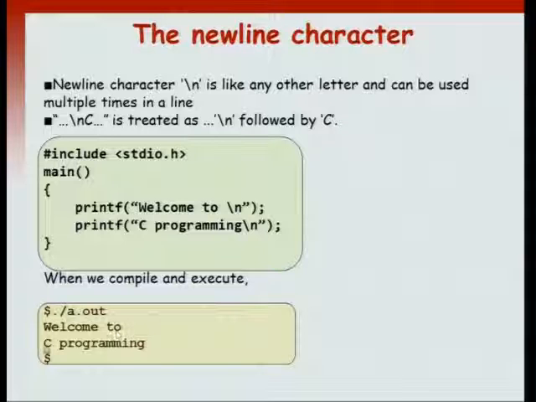So printing will start from the next line, and then it will print the next message, which is C programming. So it will print that, followed by a new line. So the prompt will appear on the line afterwards.